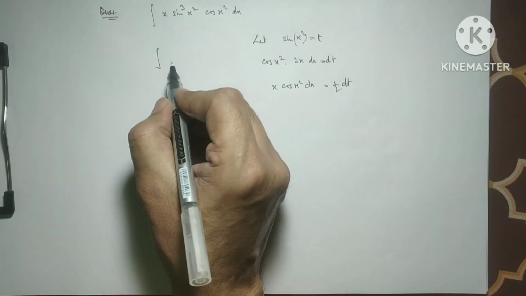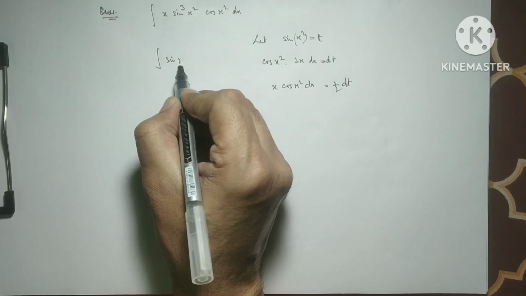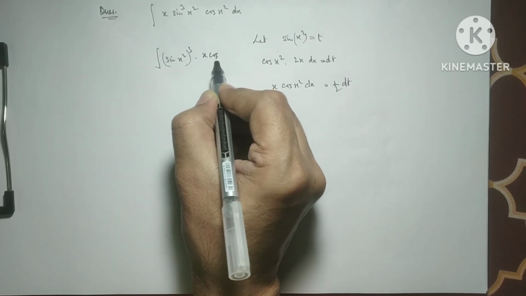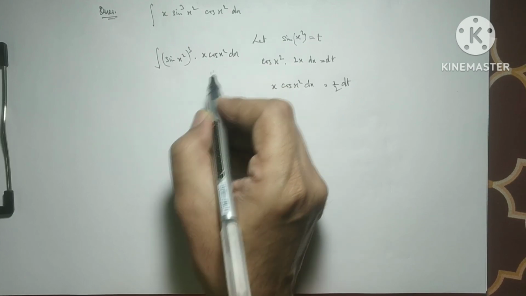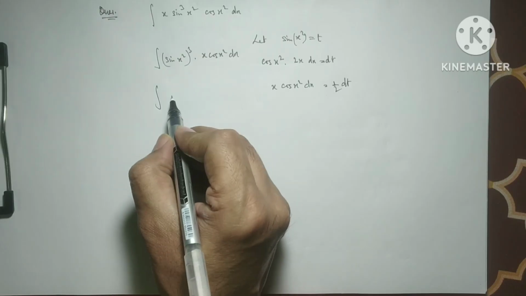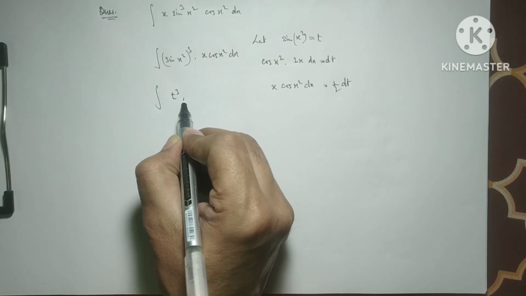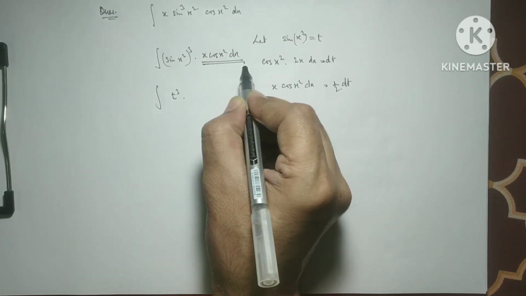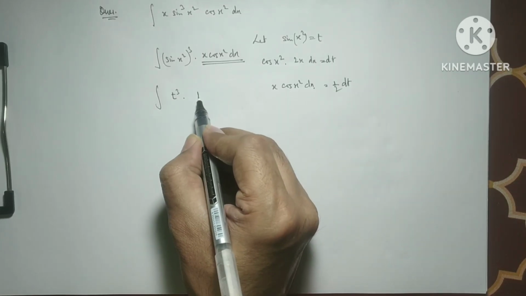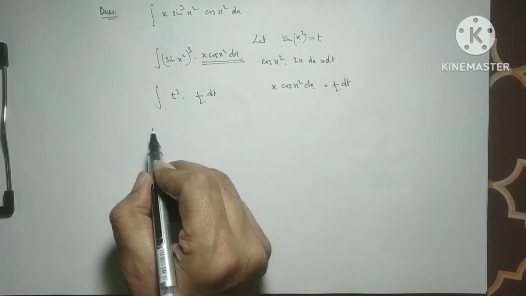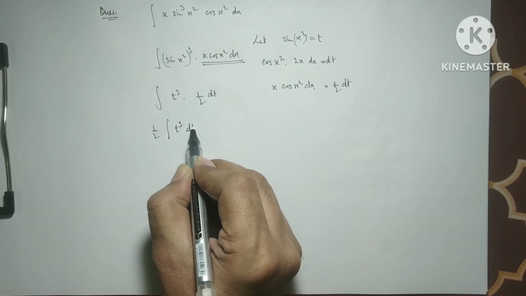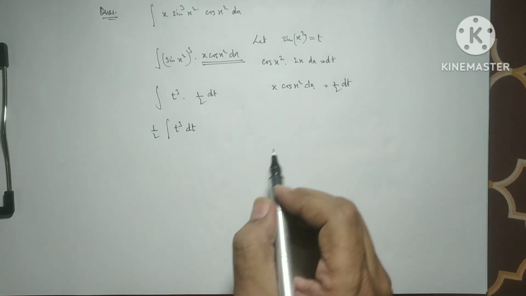Now we rearrange this. This is (sin x square) cube, and this is x cos x square dx. So we assume sin x square as t. It means this becomes t cube, and this part x cos x square dx is equivalent to half dt. It means we have the expression t cube dt.